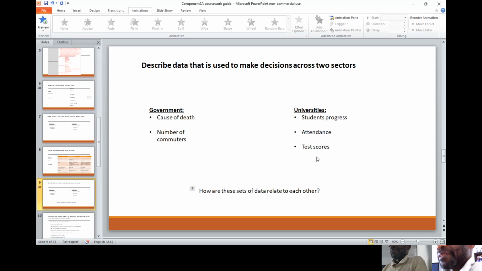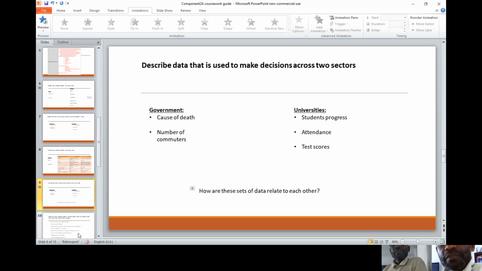This is how you're going to describe the two sets of data: how this set of information relates will guide the university to inform their decision. How would this set of data help the government to inform their decision?